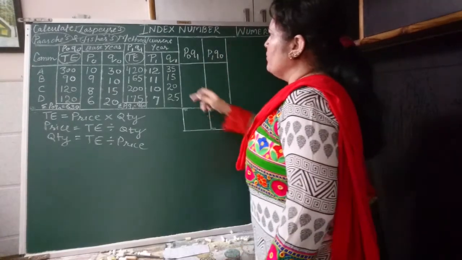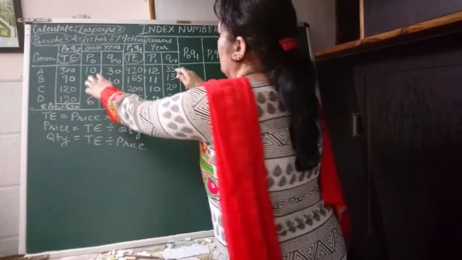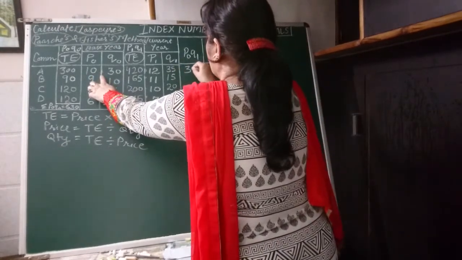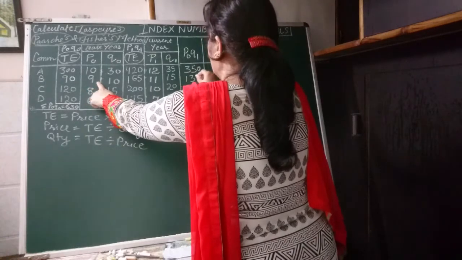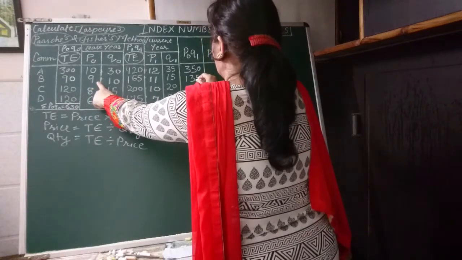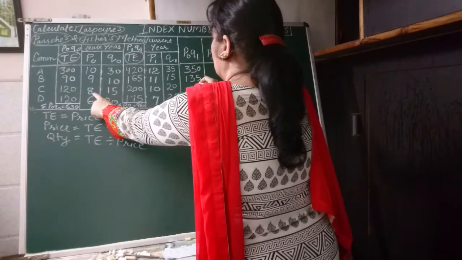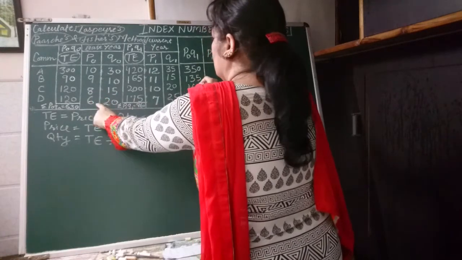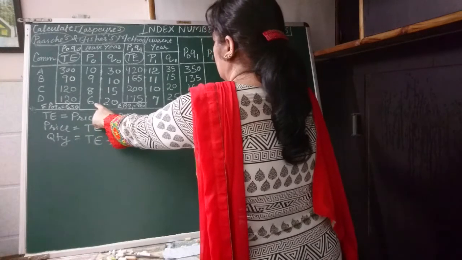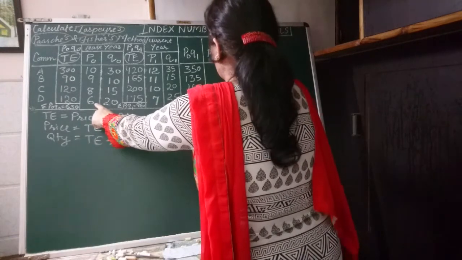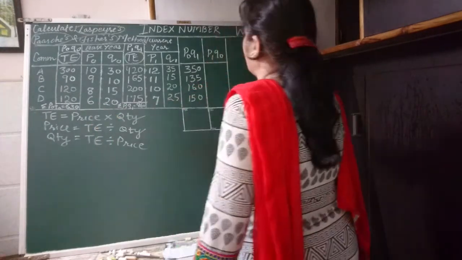For the calculation of P0Q1, this is 135. Next one is 160 and last one is 150.